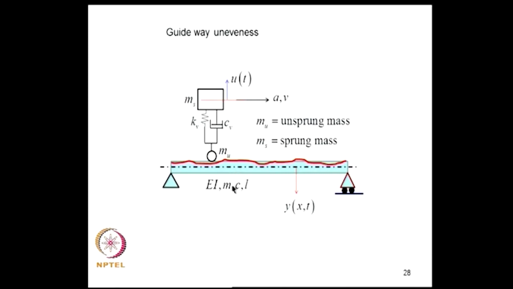The deformation of the bridge along with the roughness of the bridge surface contributes to the input to the vehicle. For example, if this vehicle was running on a rigid pavement but with undulations, it will still feel the oscillations. Now, here the vehicle is running on a deforming elastic medium, but it has certain undulations.